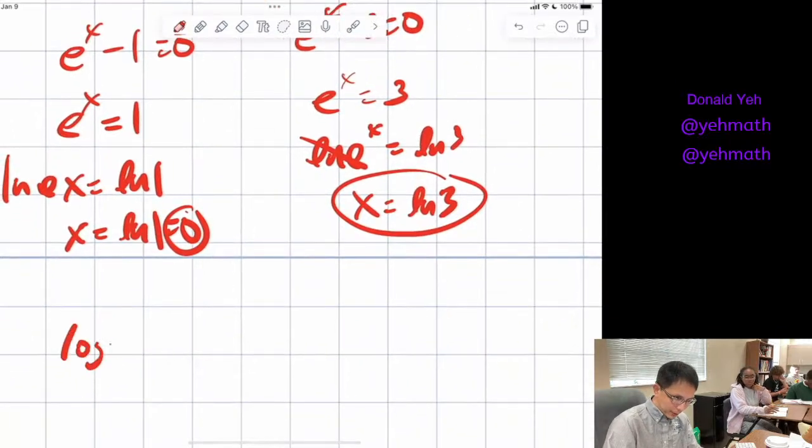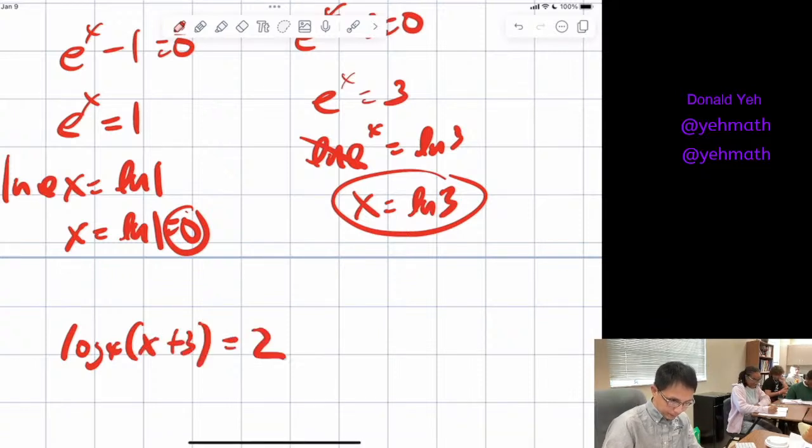How do I solve this? How do I solve this equation? Log base 4 of x plus 3 equal to 2. Any good idea here?